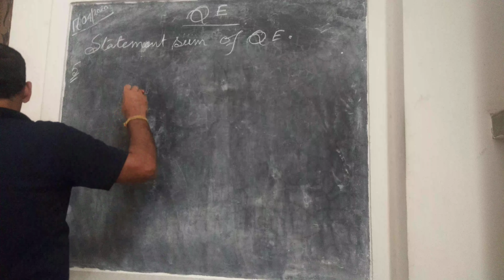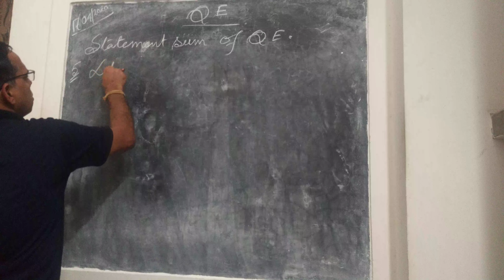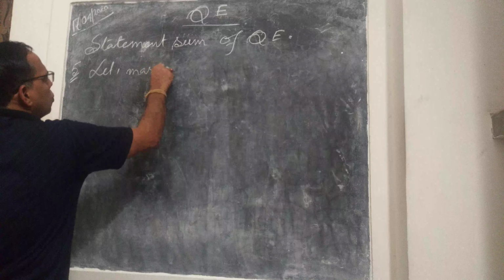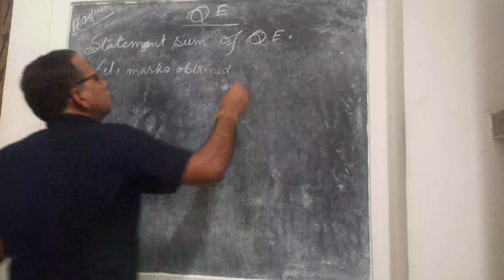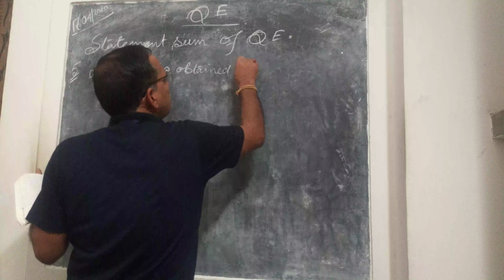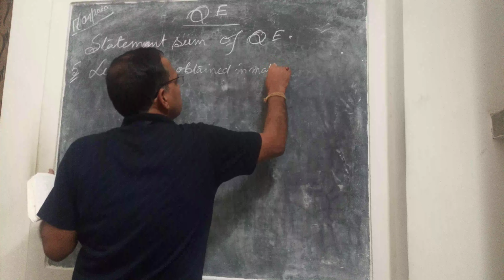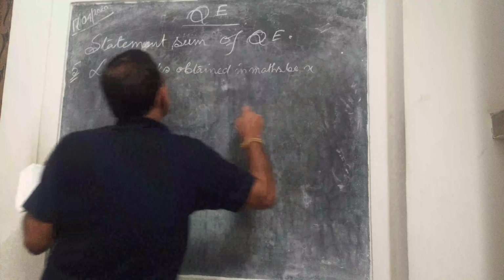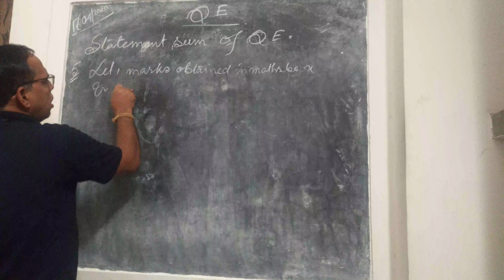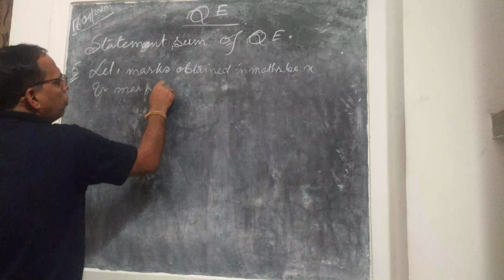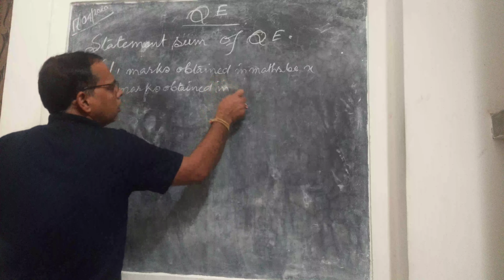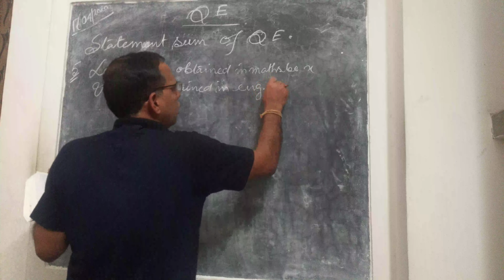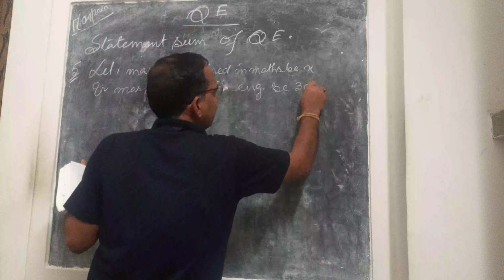Let marks obtained in mathematics be x, and marks obtained in English be 30 minus x.